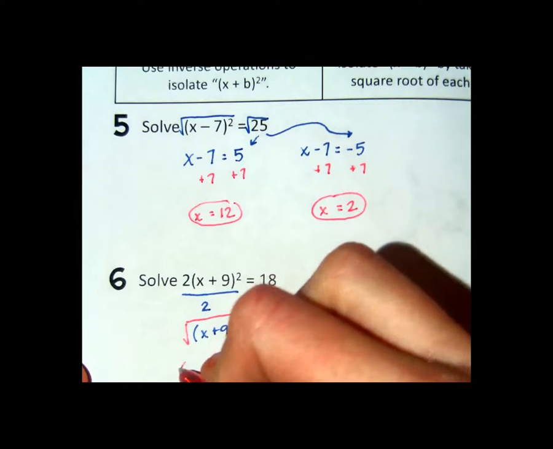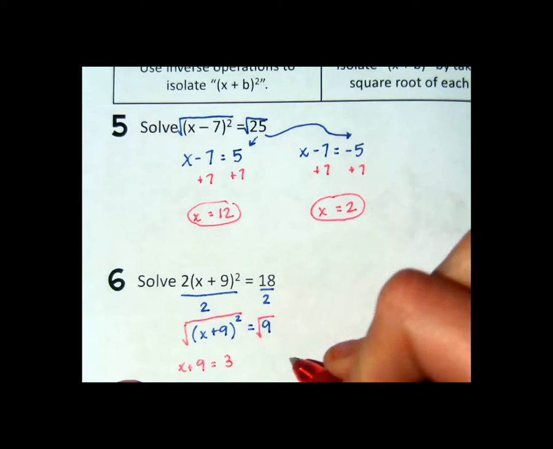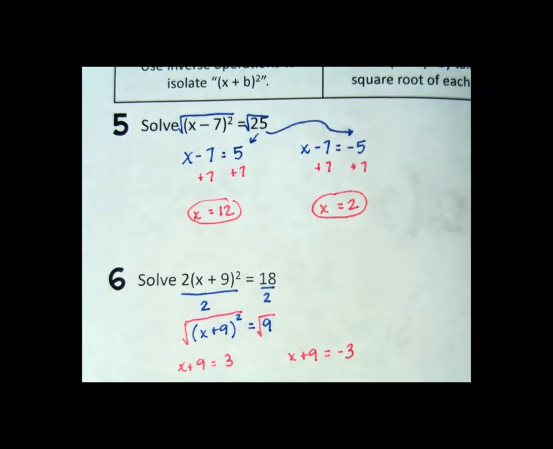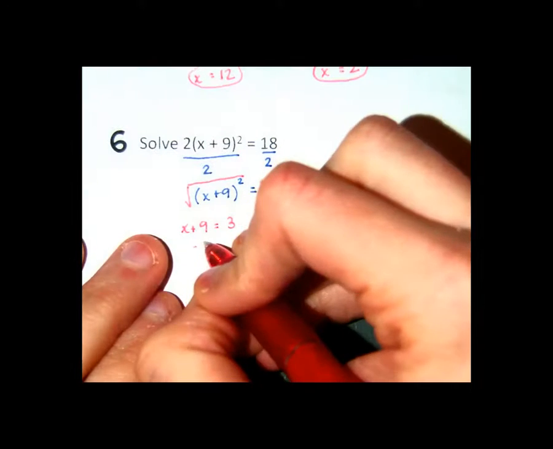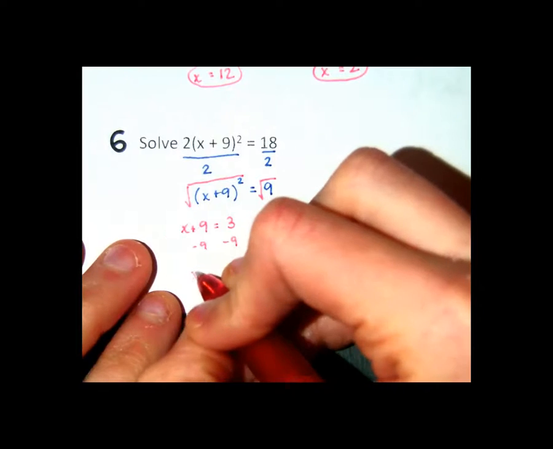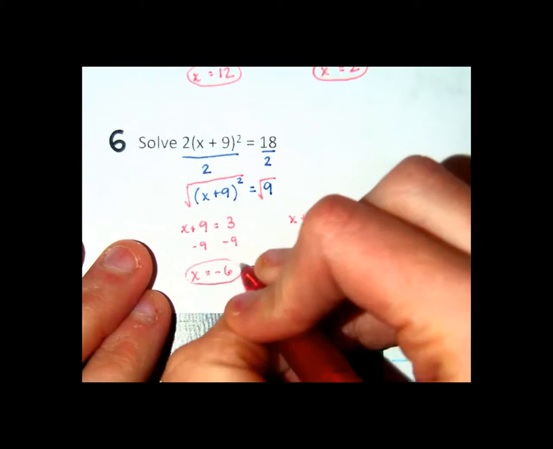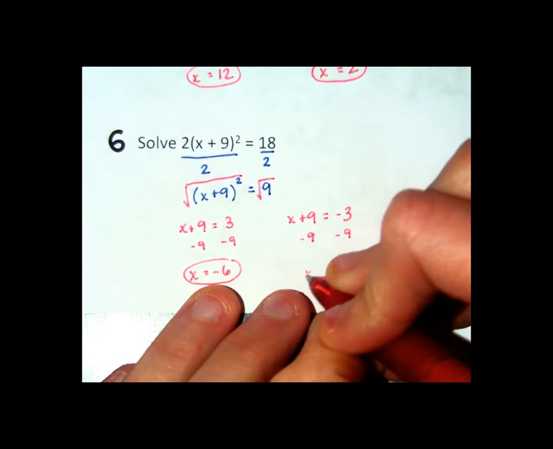Alright, so that gives us x plus 9 equals what? 3, and then x plus 9 equals negative 3. Thanks for mentioning the positive and negative one. Now what do we do? So x equals what? Okay. How about the other one? Subtract 9 again, x equals negative 12.